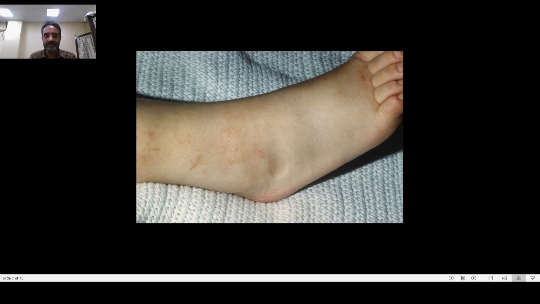When you release the pressure, a pit may form over there. This type of edema is due to water collection inside the connective tissues. So this is what is called pitting type of edema, and it is a cardinal feature of congestive heart failure. It's one of the features.